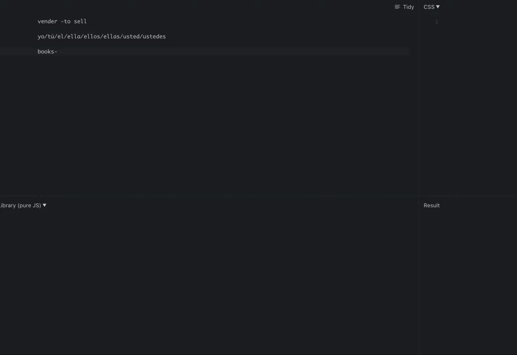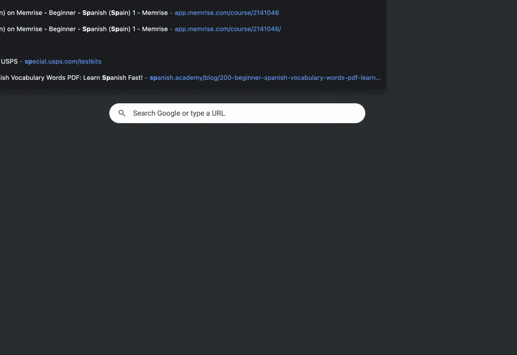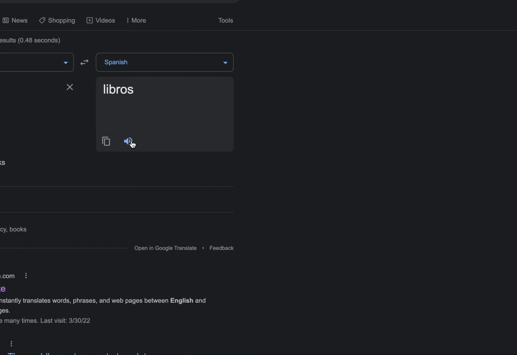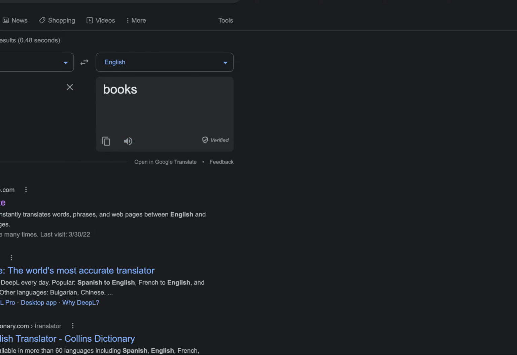We know the meaning of books is libros in Spanish, and we can also verify that right now. Libros means books.